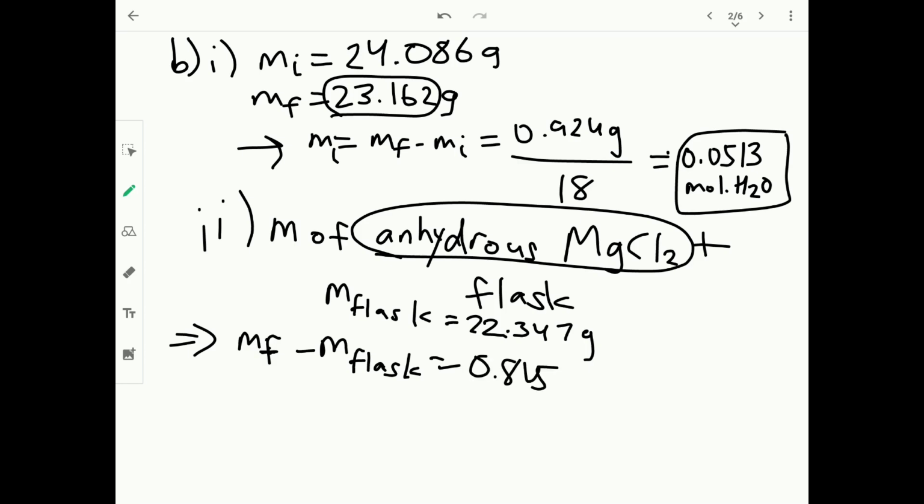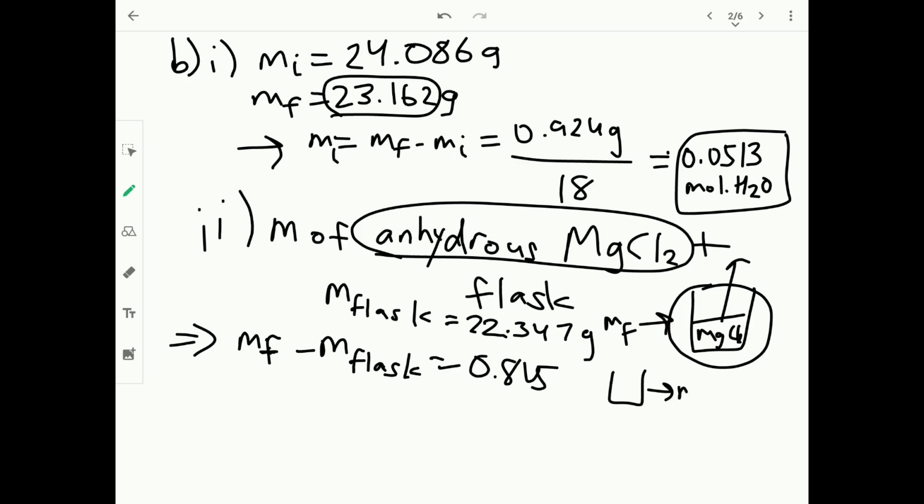And you should get an answer of 0.815. Basically what's going on is, you have a container, you had some MgCl2 and water mixed. I evaporated the water and the total mass left behind after the water is M final. Now the mass of the empty container is M flask. So if I want the mass of the MgCl2, I have to do this mass minus this mass, right? So now I have this many grams left.